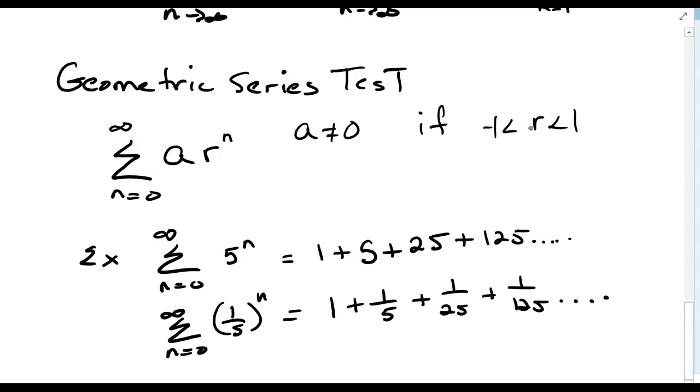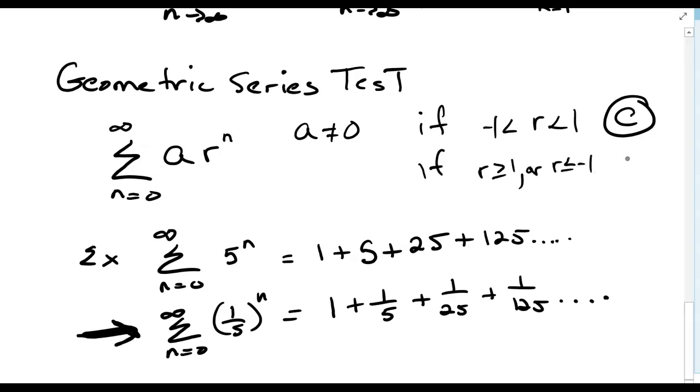So if r is in that range, and that's what's happening in this example here, then your series will end up converging. But if r is greater than or equal to 1, or r is less than or equal to -1, it's going to diverge to positive infinity or negative infinity.